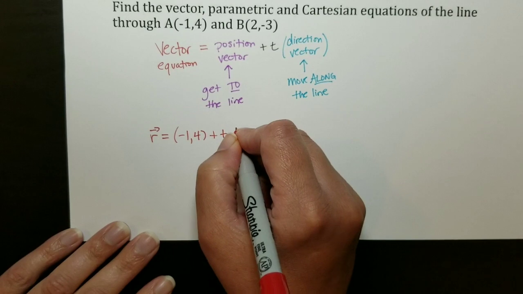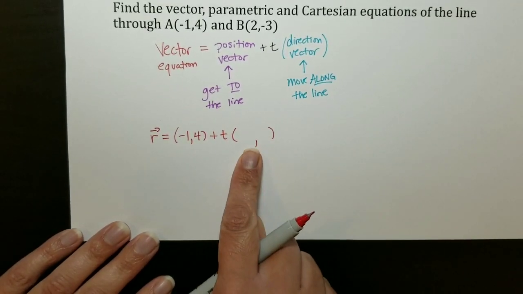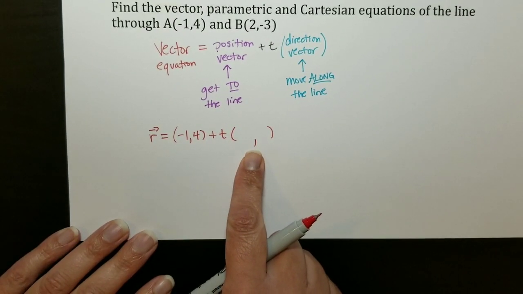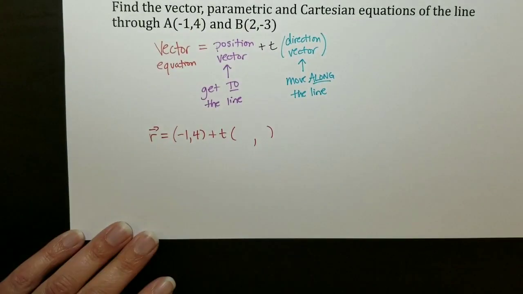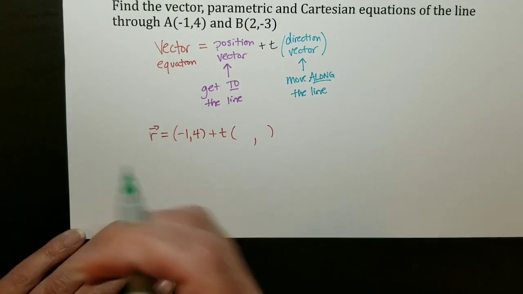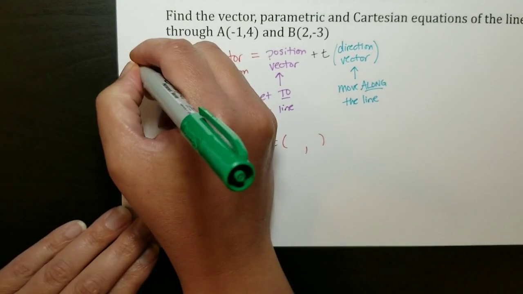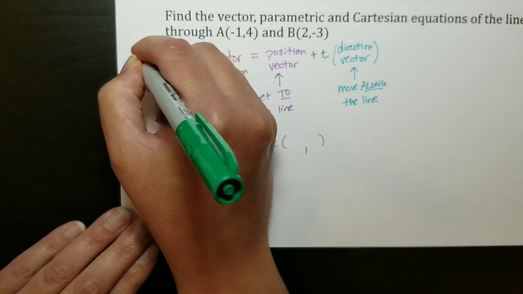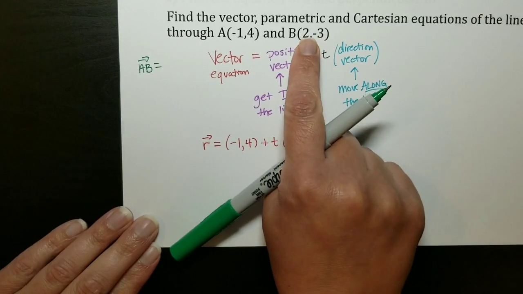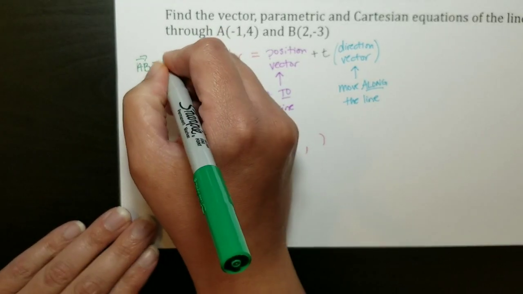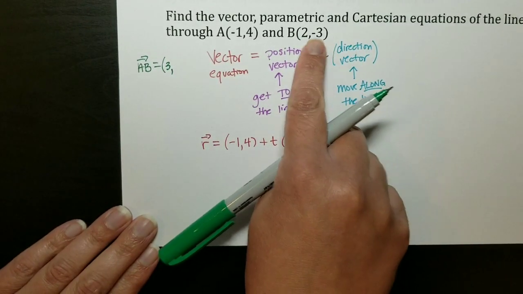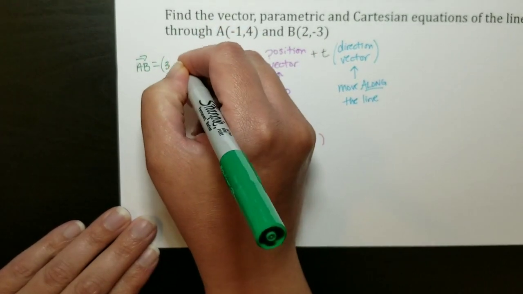So plus t, now I need a vector that's in the direction of the line. So a vector in the direction of the line would be vector AB. So I'm just going to find vector AB off to the side here. Remember, subtract the endpoint minus the starting point. 2 minus -1 is 3, and -3 minus 4 is -7.